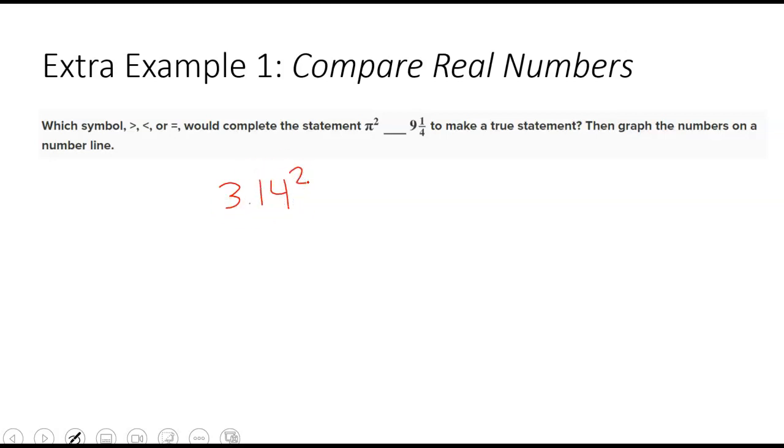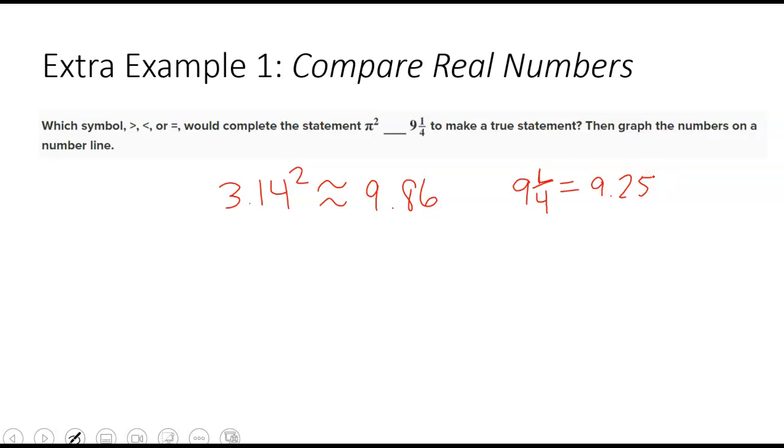Pi squared is approximately equal to 9.86. Again, you can use your calculators to help you with these calculations. And 9 1/4 is 9.25.